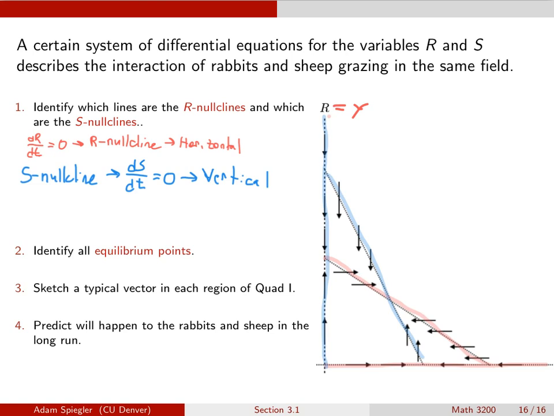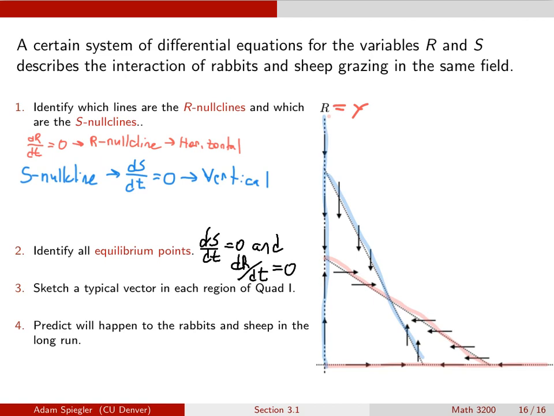And an equilibrium point, let's remember that equilibrium points occur when both dS/dt and dR/dt are simultaneously equal to 0.